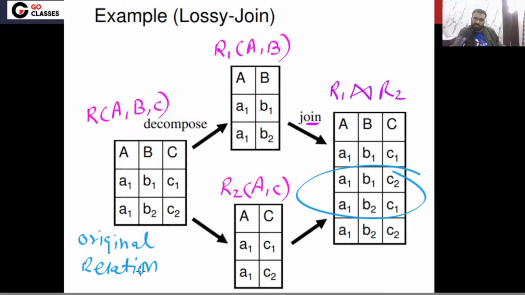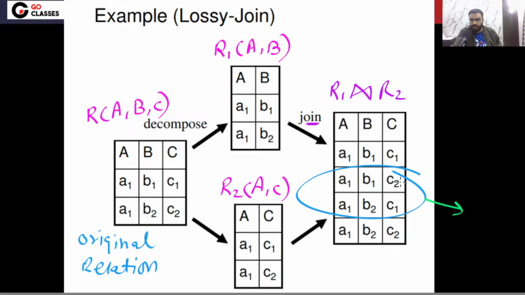This is the original relation, and you can easily see that these two tuples that we get when we do the natural join of the decomposed relations are spurious tuples, extra tuples which are not present in the original relation. So this is called lossy join, meaning we are losing information, we are getting wrong information, wrong knowledge.